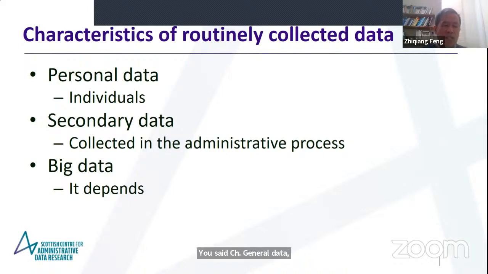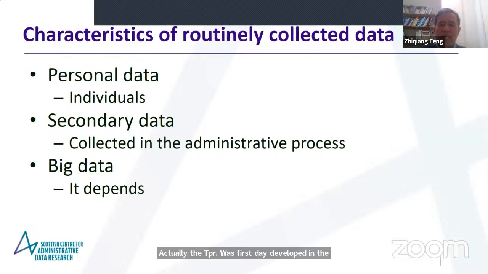Actually, the GDPR was first developed in Europe before Brexit, but right now it continues to be used in the UK. So it's very important to keep the privacy of the data, and also make sure the data is de-identified before we can use the data.